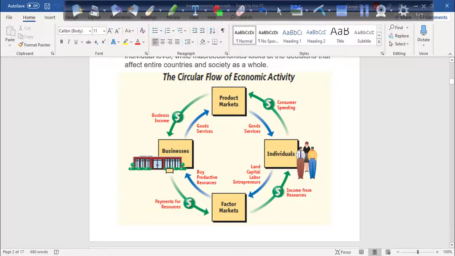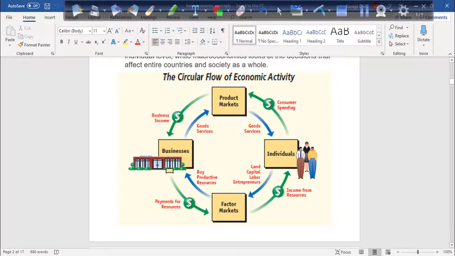So the market economy is one in which the what, how, and for whom things are to be produced are answered. Those decisions are made by the individual, the consumer, and the business owners.